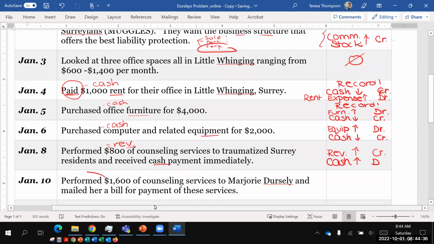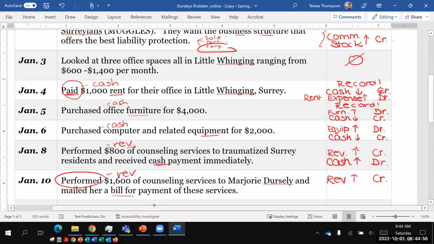We performed, so there's that keyword perform. You got to record revenue. Okay, revenue is going to have to increase. We do that with a credit. But January 8th, we got cash. Here we're not getting cash. We're mailing that client a bill. We're like, hey, we did your work. Here's a bill. Please send us a check.